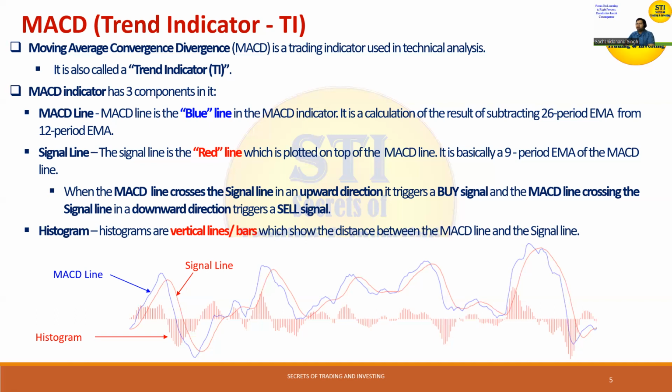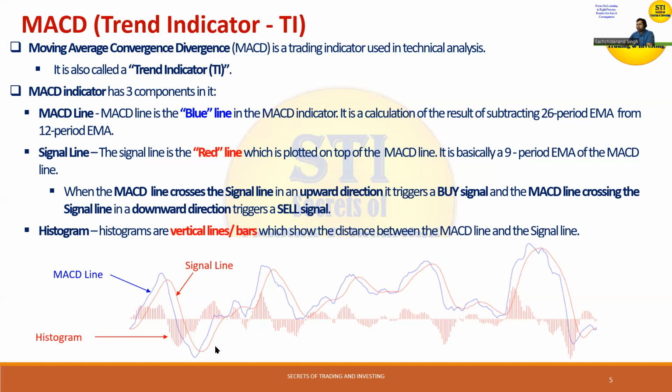And how to use that? When the MACD line, that is the blue line, crosses the signal line, that is the red line, in an upward direction, that typically gives the buy signal. And in reverse, when the blue line crosses the red line in the downward direction, that typically gives a sell signal.